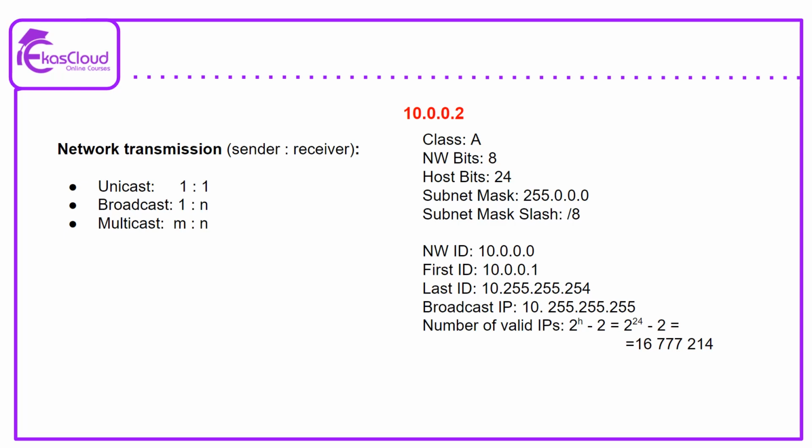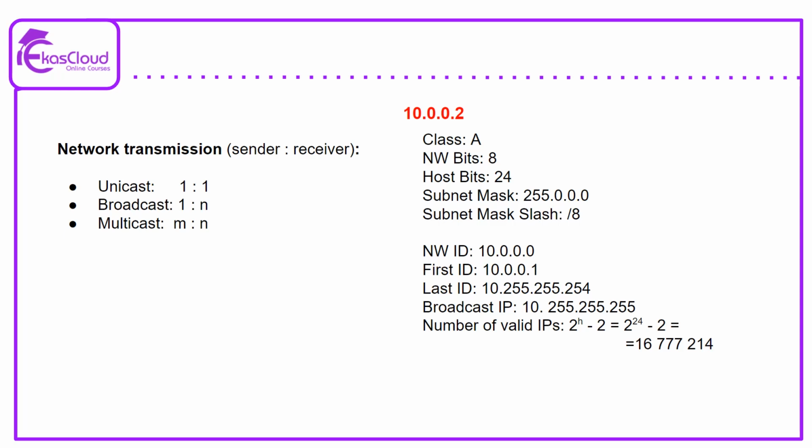So if we look at the first IP address, 10.0.0.2, then we know that this is class A, because the range for class A is from 0 to 127, right? So that's class A.